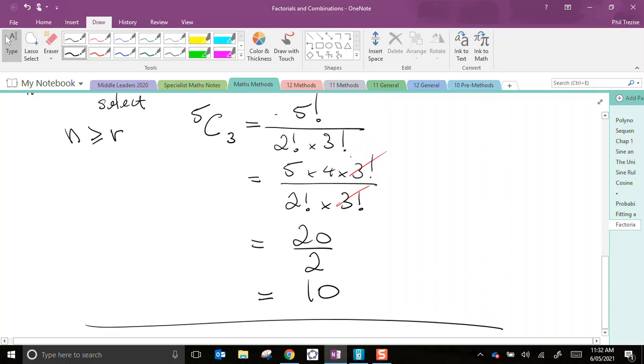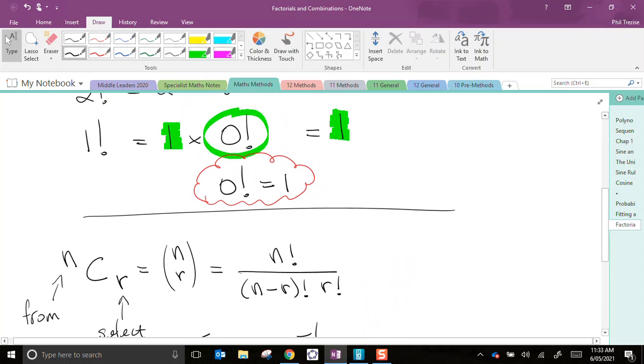We could write them out if we wanted to. It'd be a bit tedious, much easier to calculate like this. And that's how we use factorial notation to simplify our combination type work.